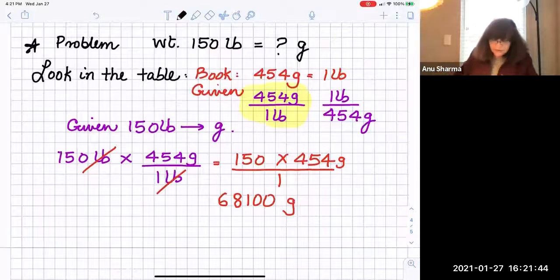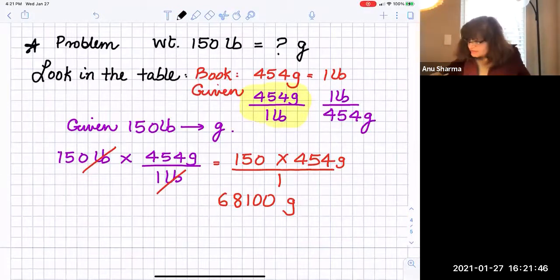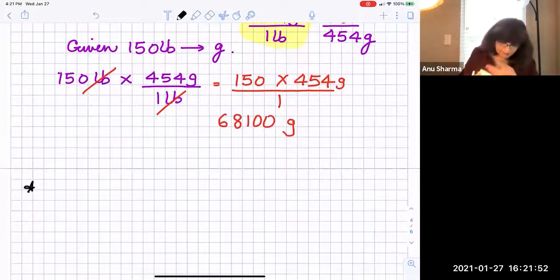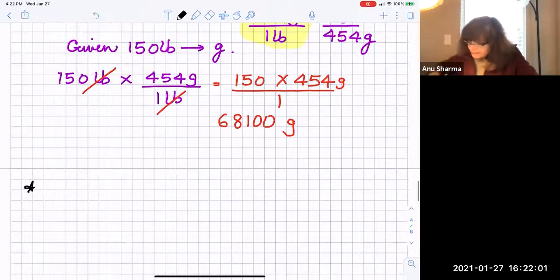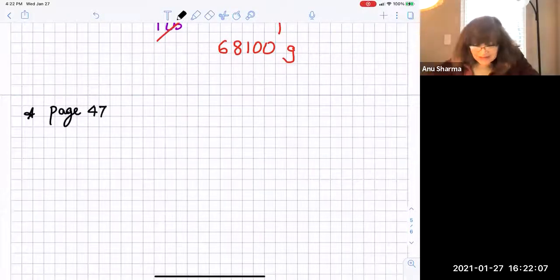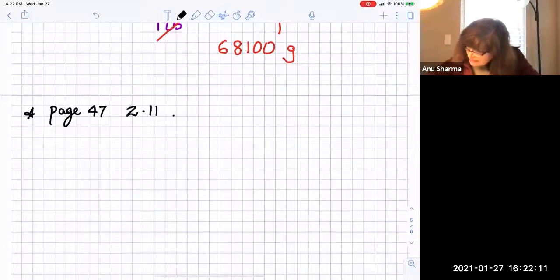Okay, next is when 2 or more conversion factors are given, and then after that I'm going to stop. Here, page 47, 2.11 study check.